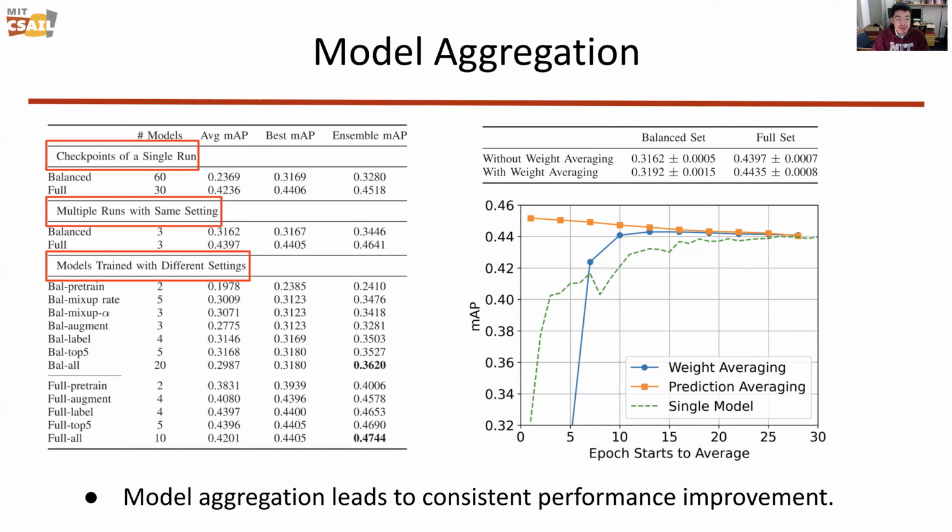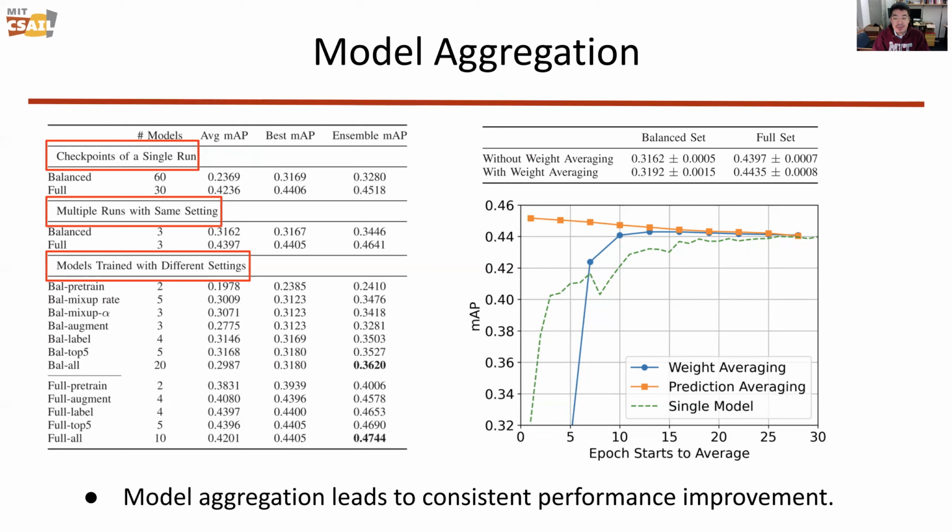The third ensemble method we tested is to train the model multiple times, and each time we use a slightly different setting. As we can see, this ensemble method leads to the largest performance improvement. So the conclusion is we need diversity in the model. But even just using the simplest method, running the model once, it can still improve the performance noticeably.